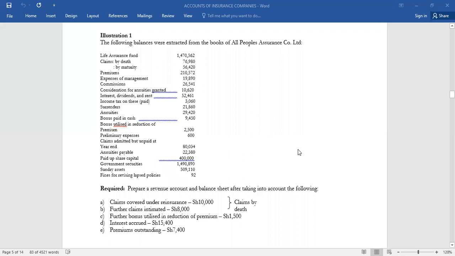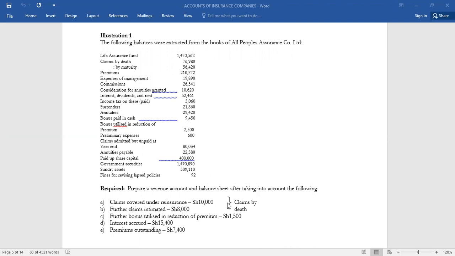We've been told down there, claims covered under insurance. We have 10,000. These are claims by death. Then further claims that are intimated of 80,000. Then we have further bonus utilized in reduction of premium of 1,500.